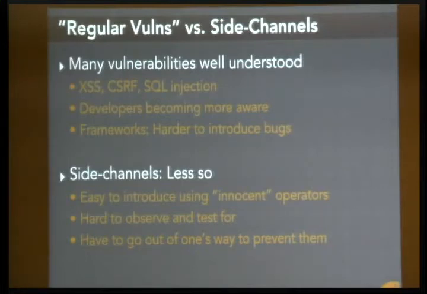But if we contrast this with side channels, they're much less understood. We kind of know what they are, and people theoretically know what could be a timing side channel, but we don't really know how to look for them effectively, and especially it's really hard to prevent them. We have to go out of our way to prevent them. So we hope to help move from the second part a little bit closer to the first part there.